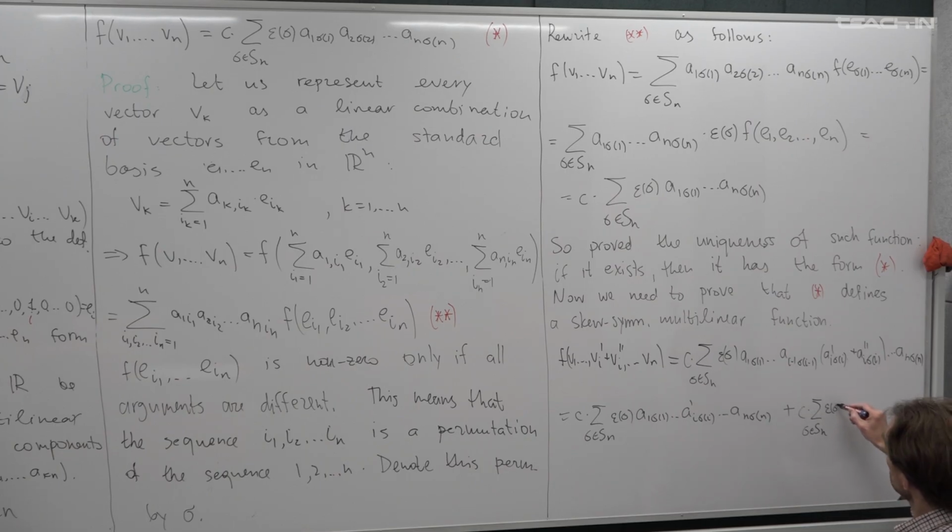So epsilon of sigma multiplied by a1 sigma of 1, etc., a double prime I sigma of I, a n sigma of n.